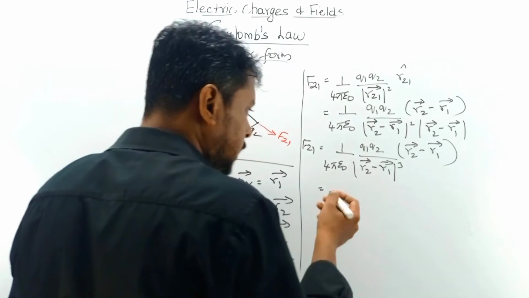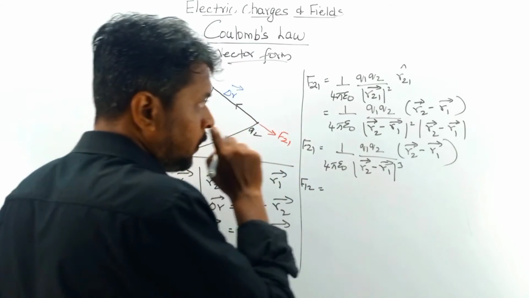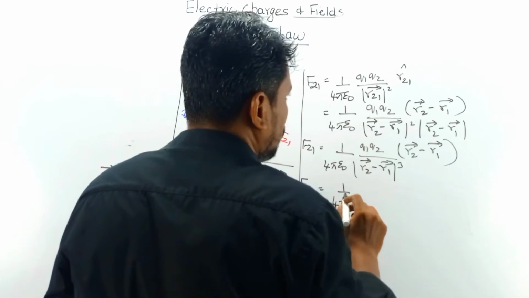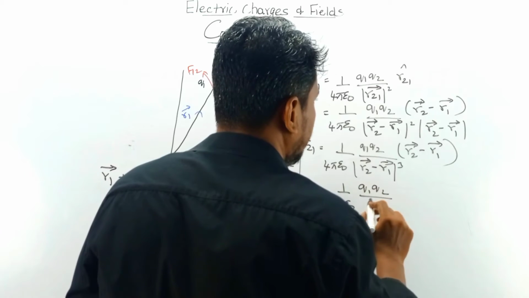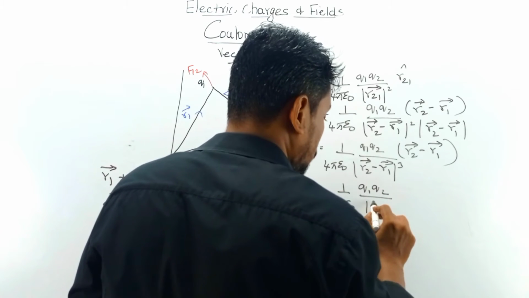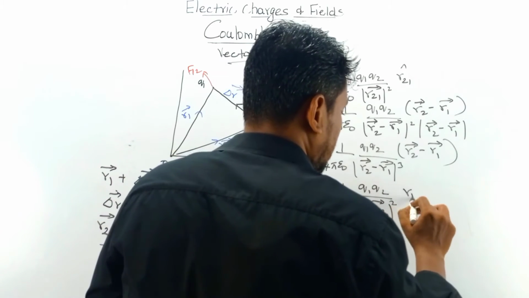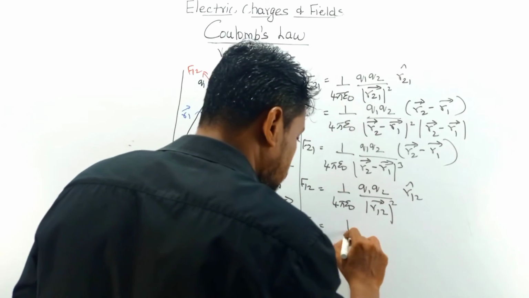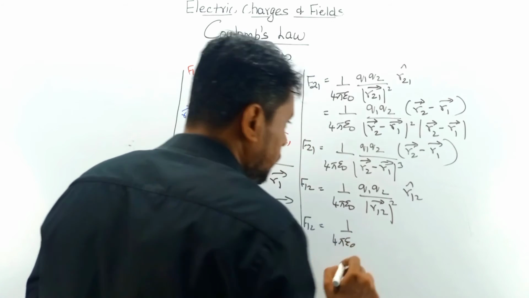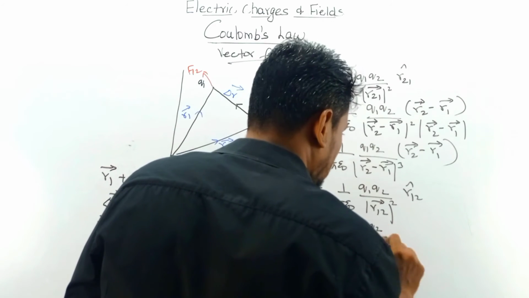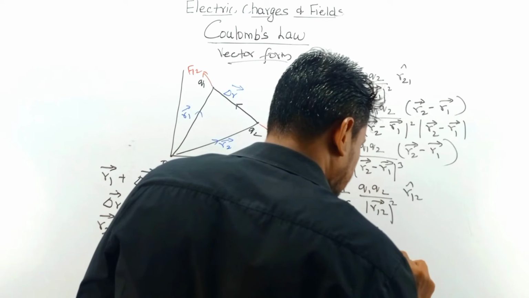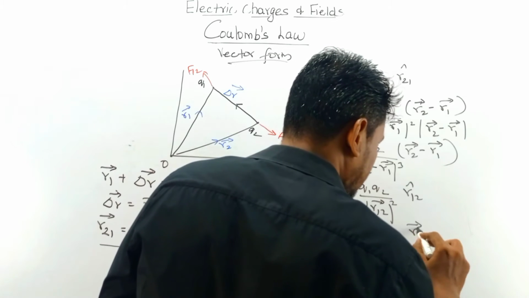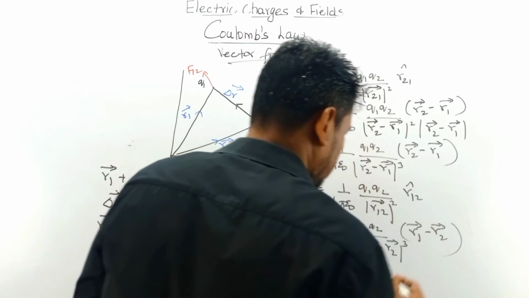Similarly, we can also write it for F12. F12 is 1 by 4 pi epsilon naught, q1 q2 by r12 square, times r12 cap. The end equation can also be written as q1 q2 by the magnitude of r1 minus r2 cubed, times the vector r1 minus r2.